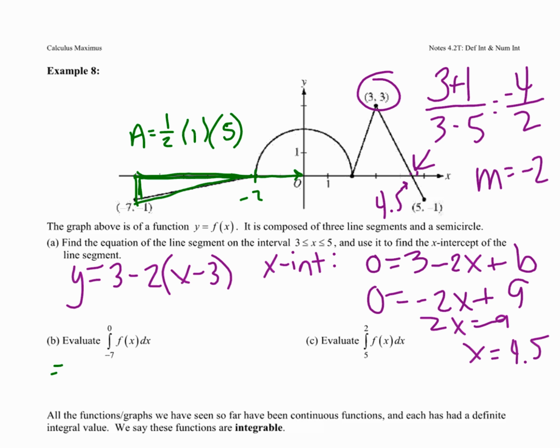So this would be -5/2, because it was underneath the x-axis, plus the area of this quarter circle here. So that would be 1/4 times the area, pi times 2 squared. So I guess that would just be pi.